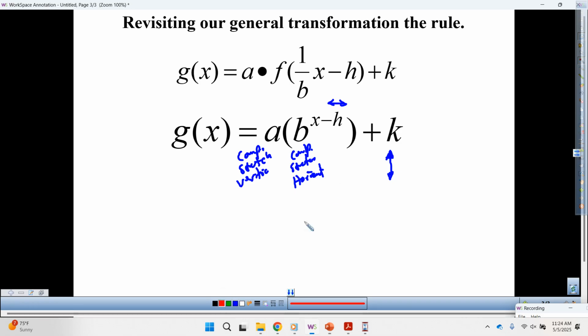However, for exponential functions, k, I want you to circle it in red, serves a second purpose. And that is what we call HA. Remind your neighbor what HA stands for. Very good. Horizontal asymptote.